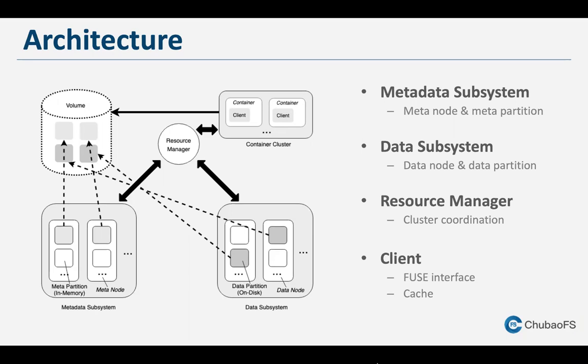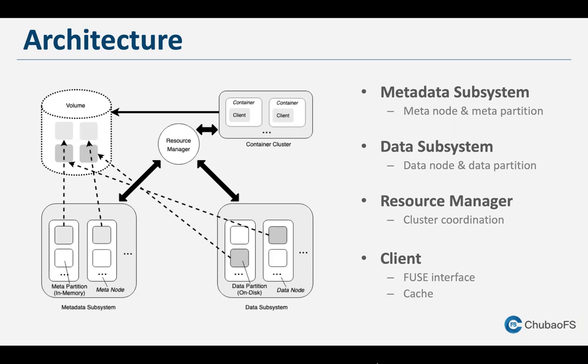Similarly, we have a data subsystem to store the file contents. It has a set of data nodes, and each data node has a set of data partitions. Both the meta subsystem and data subsystem are managed by what we call the resource manager, which is responsible for the cluster coordination.